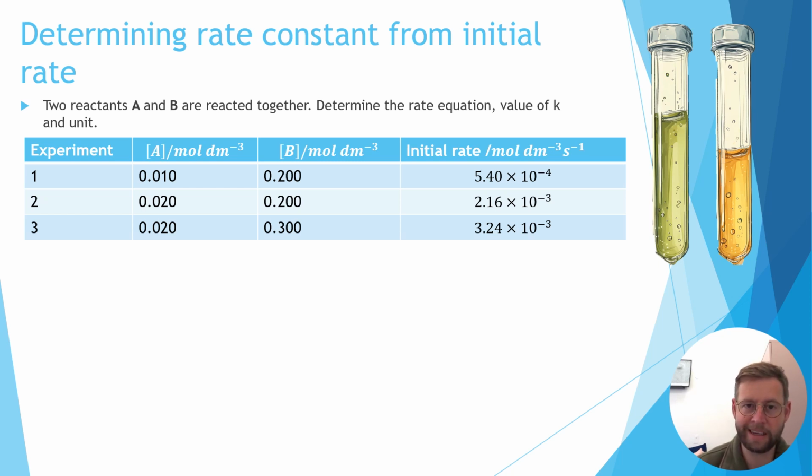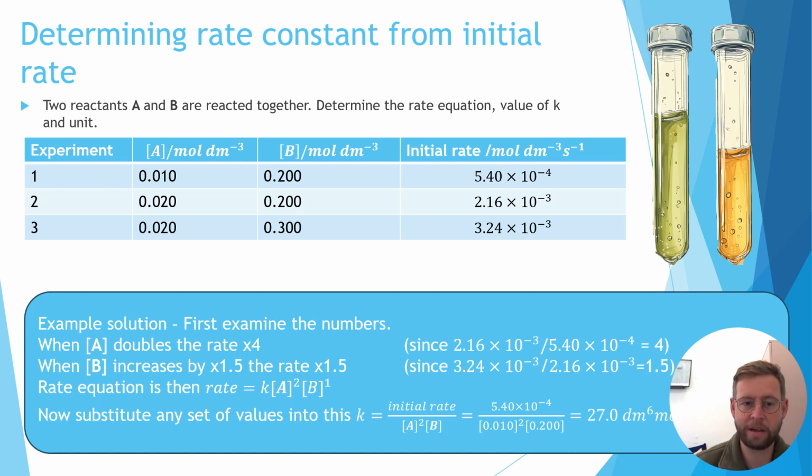So therefore, I think the order of the reaction with B would have to be first order. Let's take a look at our solutions here. As we saw, when A doubled, the rate went up by 4, which means it has to be second order. And when B increased by 1.5, the rate went up by 1.5, which means it must be first order.